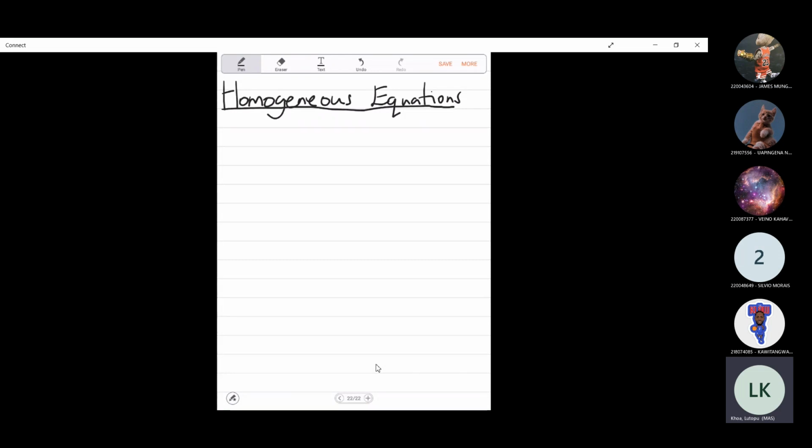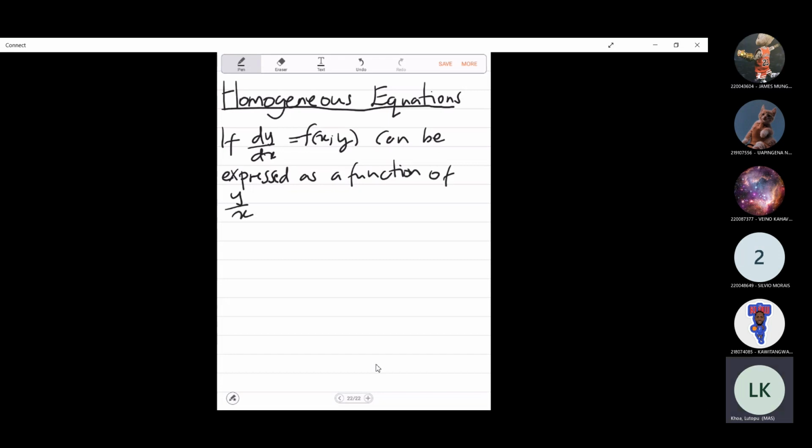So if you have something like this, dy dx is equal to f, can be expressed as a function of y over x, then the differential equation is said to be homogeneous.